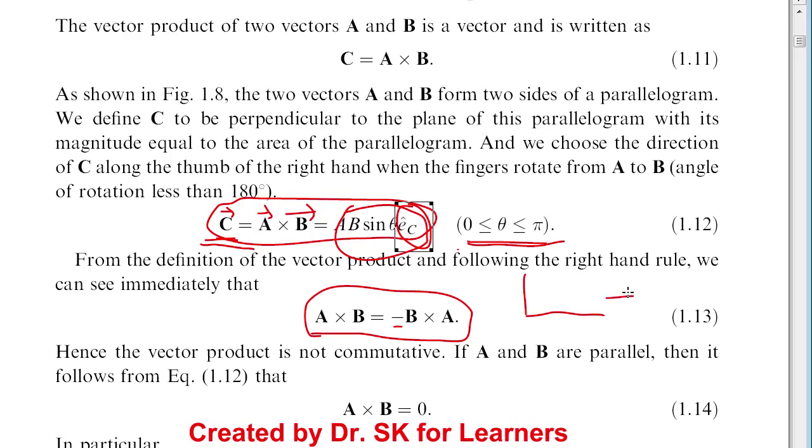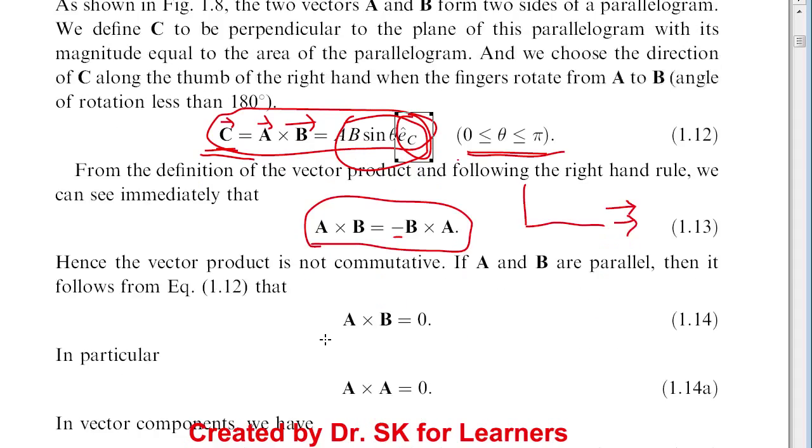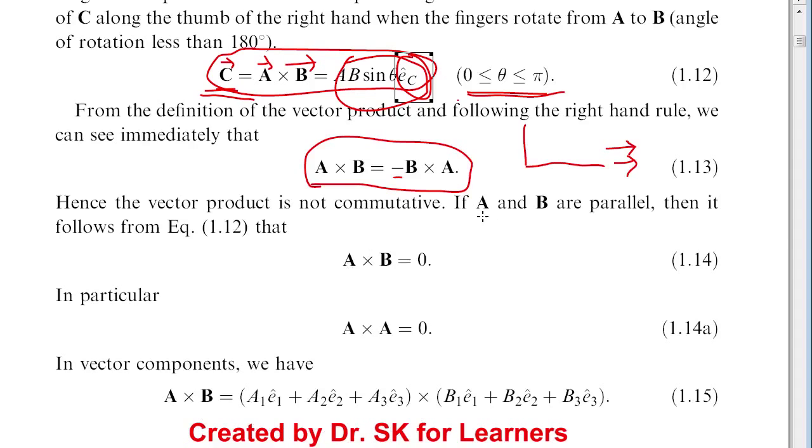If two vectors are parallel to each other, theta is 0, and hence the cross product vanishes. As you can see here, if A and B are parallel, you will have a result 0.